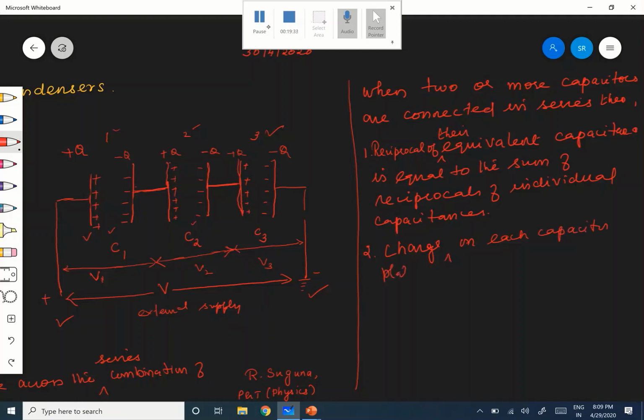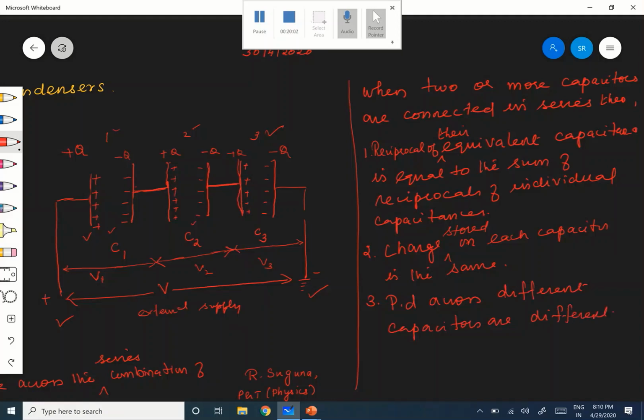Charge stored on each capacitor is the same. Okay, then third, potential difference across different capacitors is different.